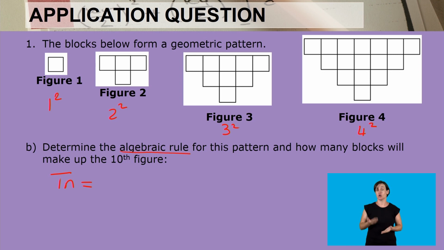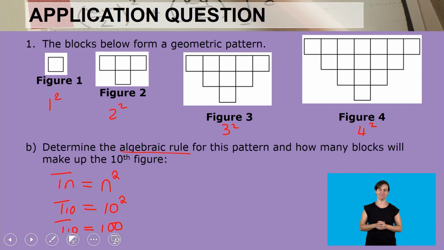That is going to be the position of the figure, and we just square it. So we represent that as n squared. Now that we have that algebraic rule, it is easier to calculate the 10th figure. That is just 10 squared, which equals 100, and that is how many blocks will make up that 10th figure.